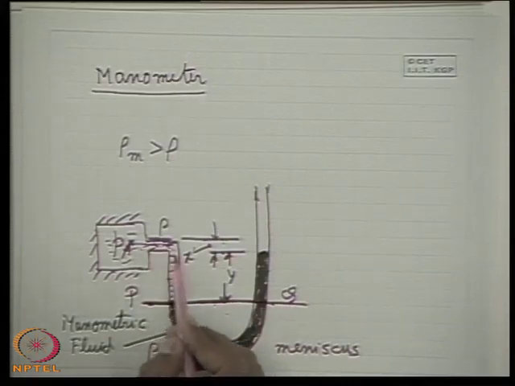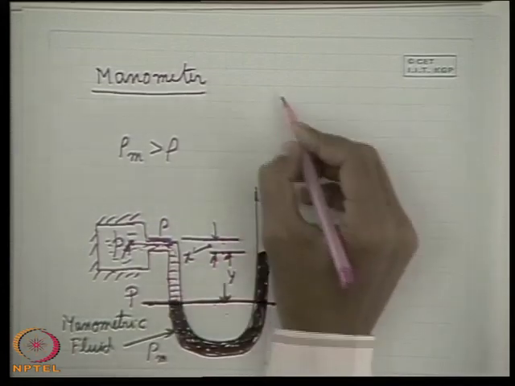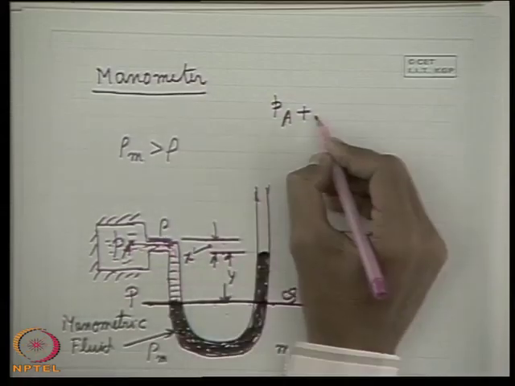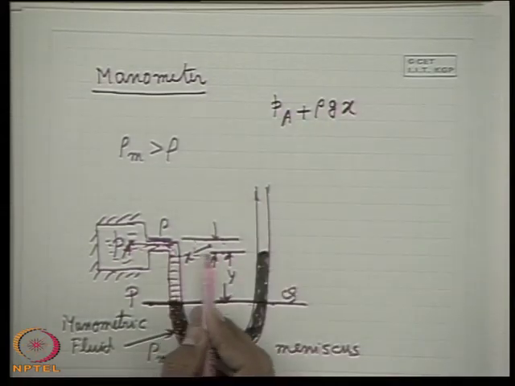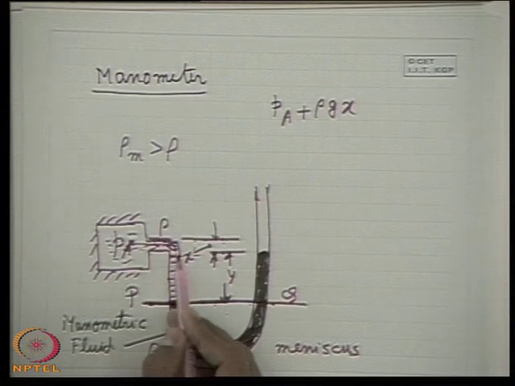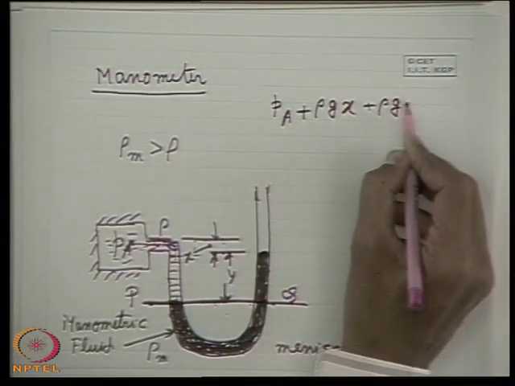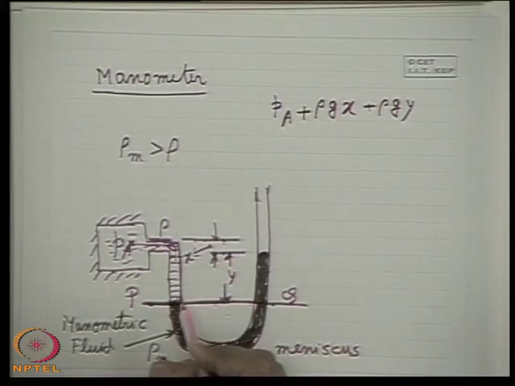So, if you now equate the pressure at these 2 points P and Q, from the left side what we will get? Pa plus rho G x, that is the pressure of this height of liquid column, then plus rho G y, or simply we can write rho G into x plus y, this is the total height of the liquid column.